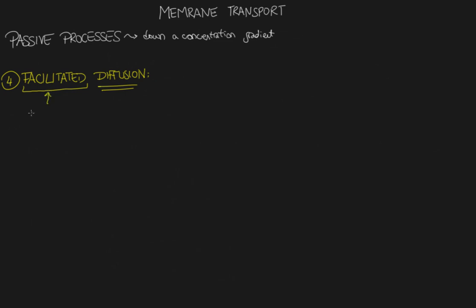And so this is going to require the use of carrier proteins. So carrier proteins are embedded in the plasma membrane. And they are going to act as channels or helpers to move particles from the area of high concentration to the area of low concentration.